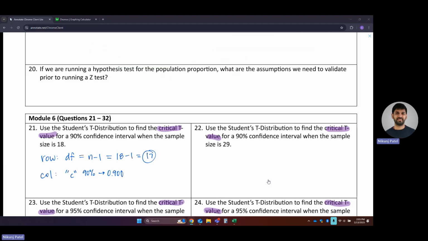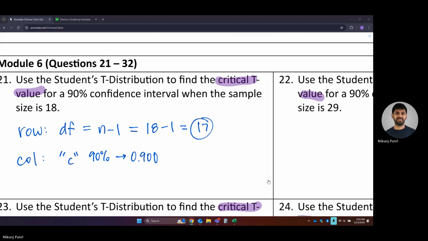That's what we call T critical. And when it's a confidence interval, it's going to be a plus minus of that value, 1.740, because a confidence interval has a left side and a right side, lower and upper. That's what this plus minus refers to.